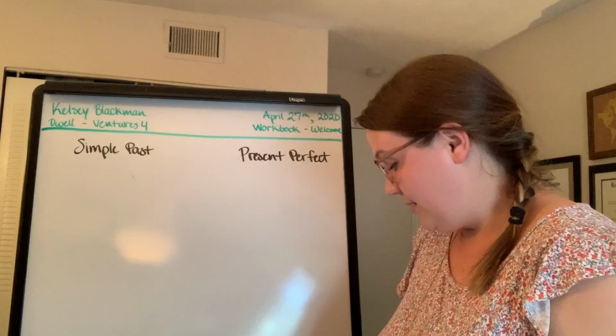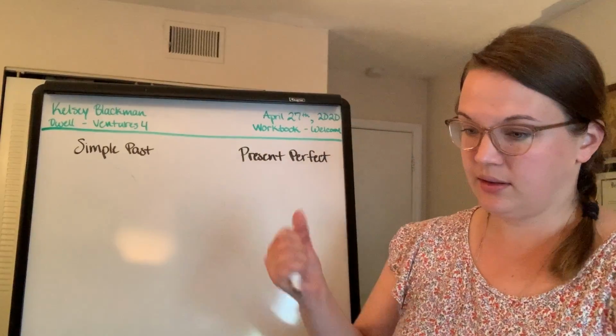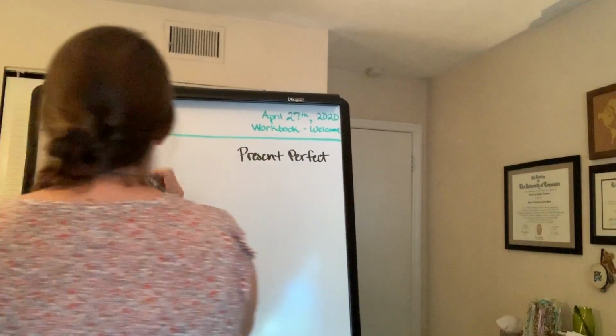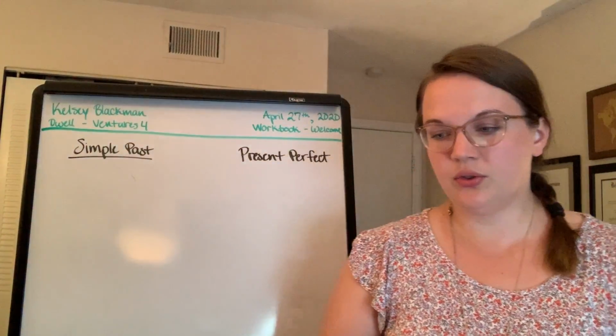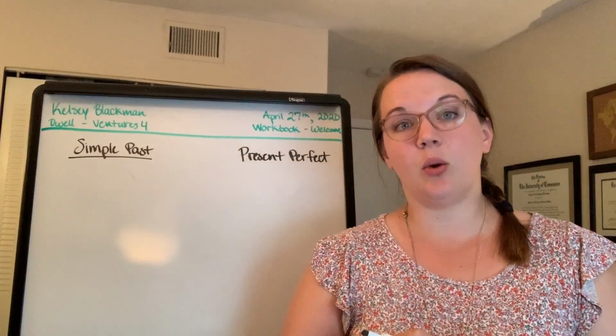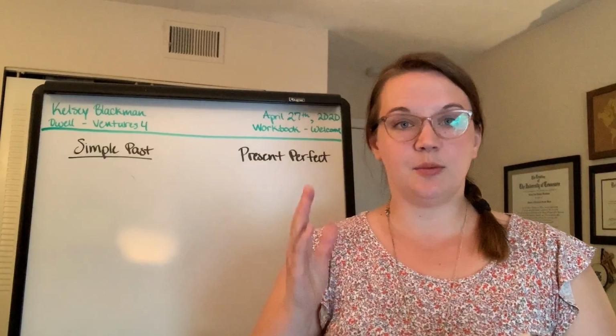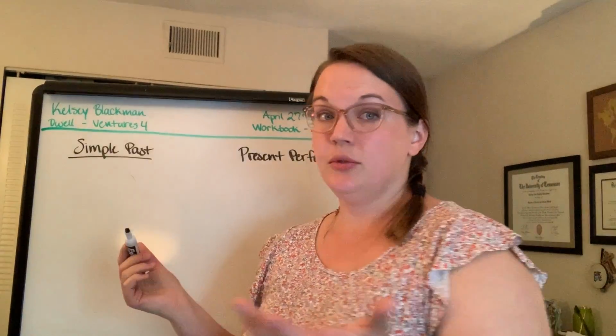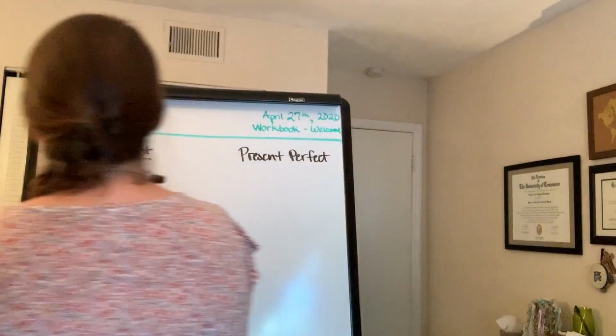So what is simple past? Simple past is the verb tense we use to talk about something that we completed at a specific time in the past. So for example, Genesis ate lunch today.